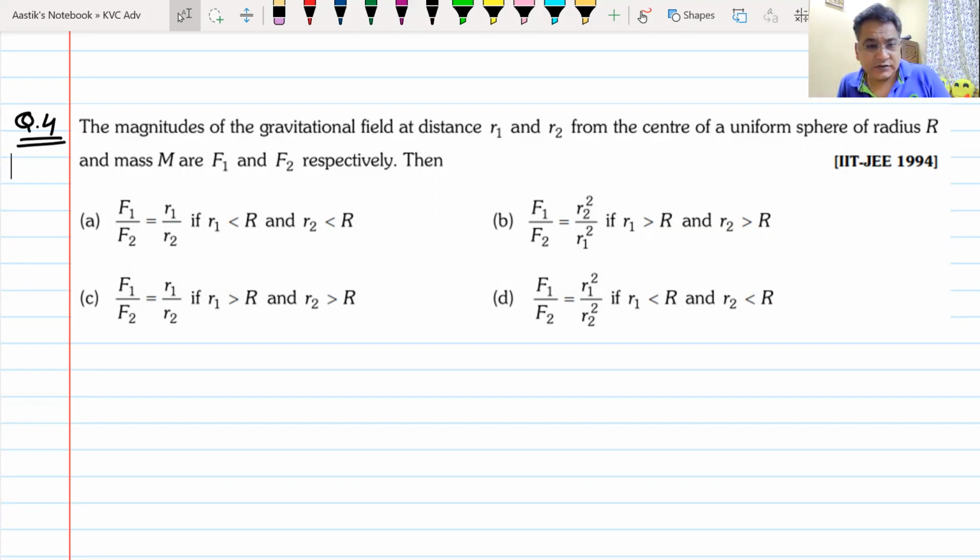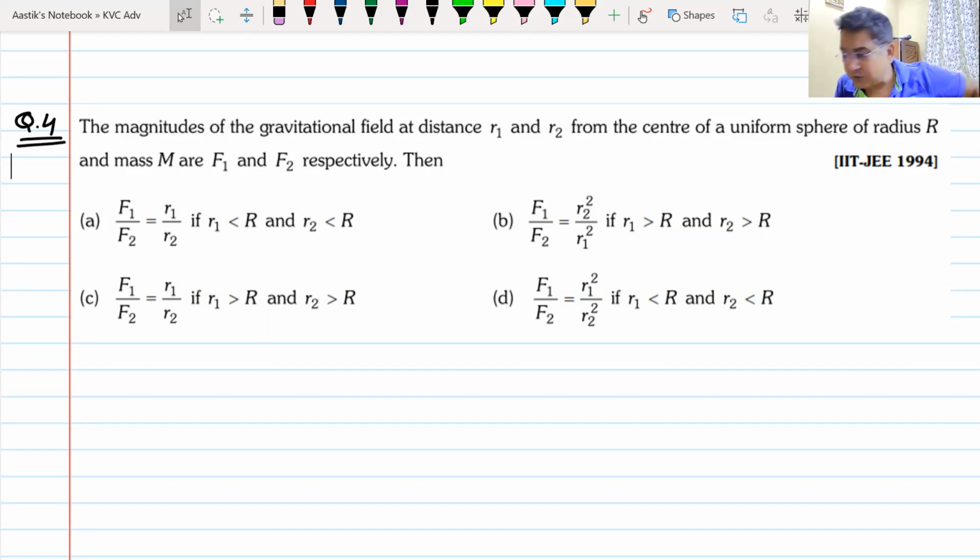The magnitudes of gravitational field at a distance of r1 and r2 from the center of a uniform sphere of radius r and mass m is f1 and f2. So they are calling it as f1 and f2, not g1 and g2. This is the way questions are framed in JEE.